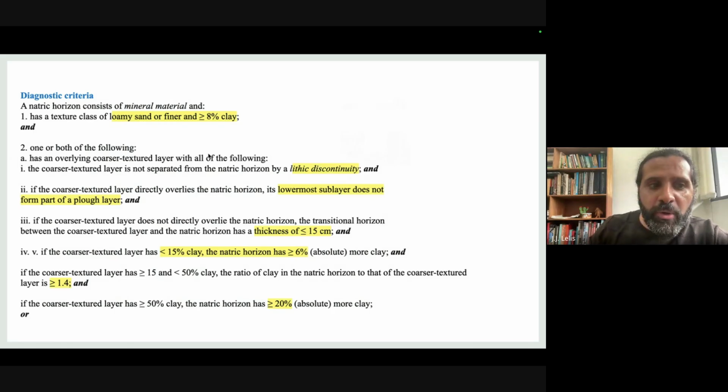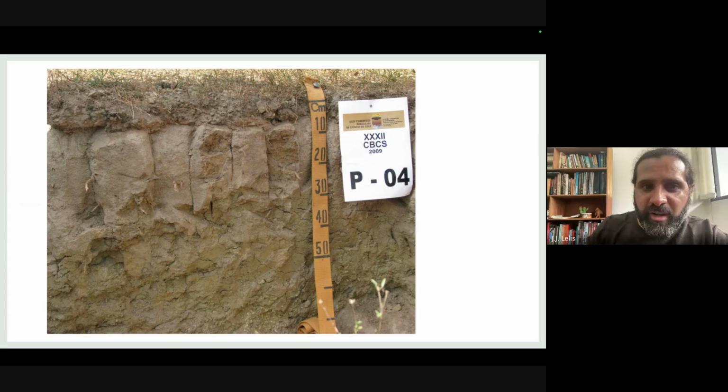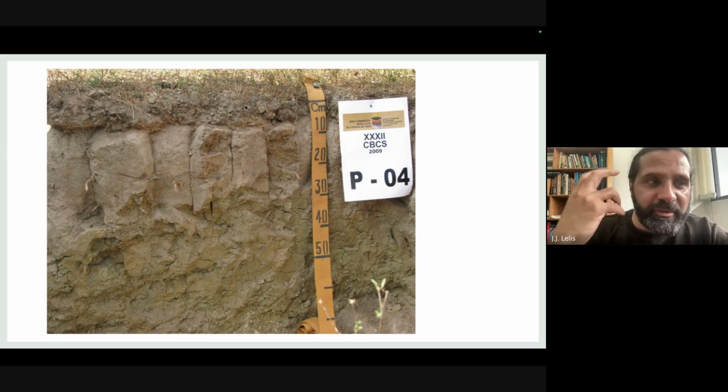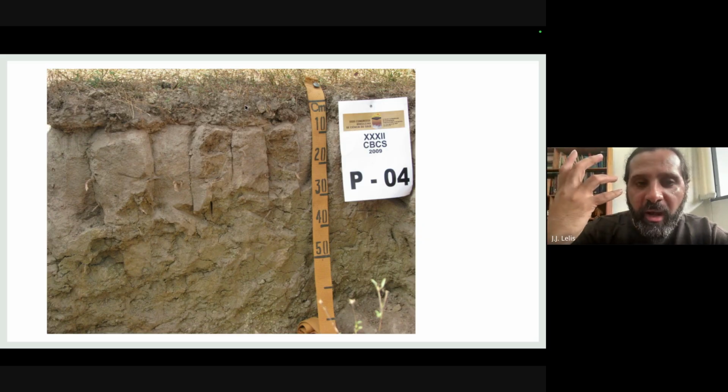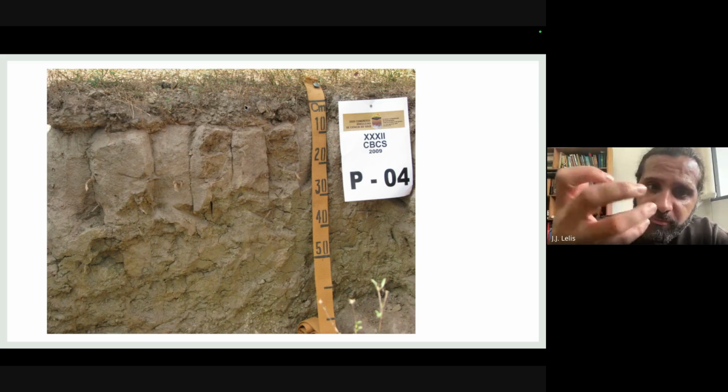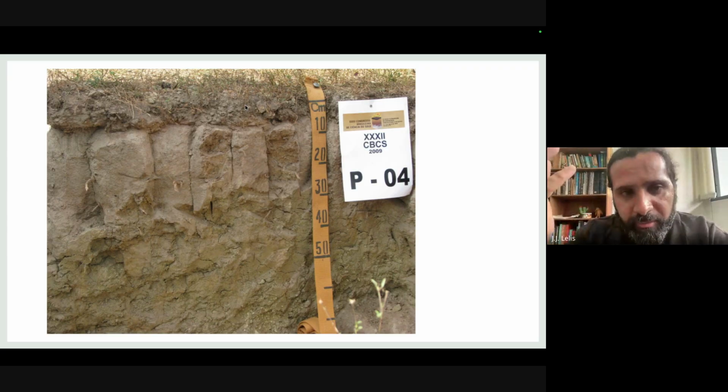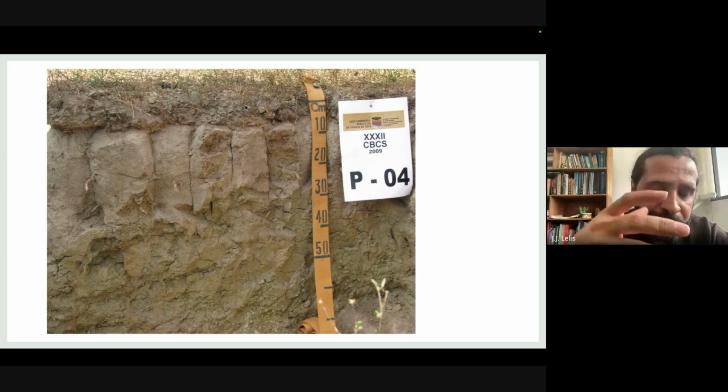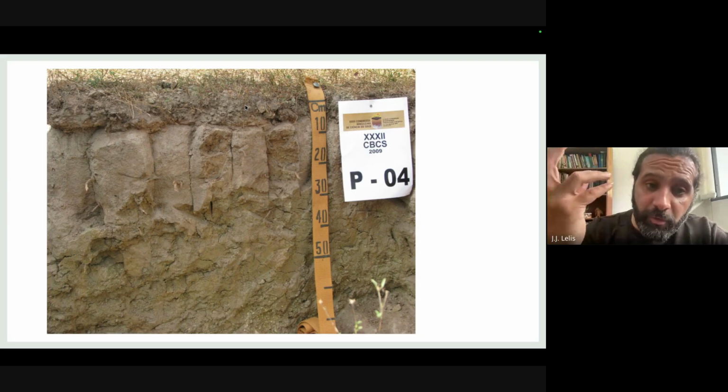Okay, so this difference of clay content between the nitric horizon and the overlying horizon is not formed, for example, by alluvial materials. So it's not something that was produced by a river. It was something produced by salt concentrations, salt dispersion, chemical salt dissolution.